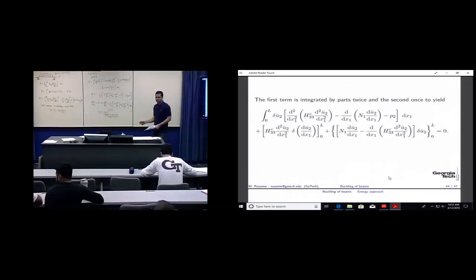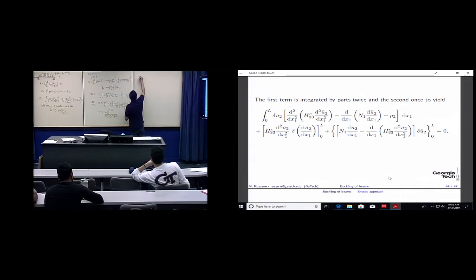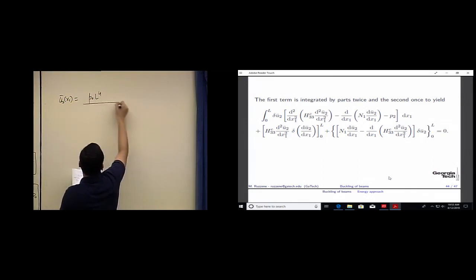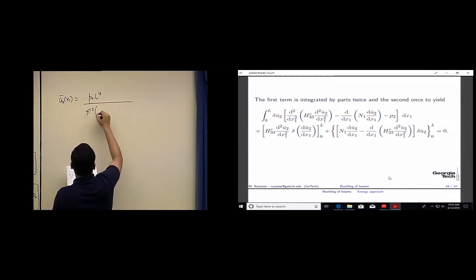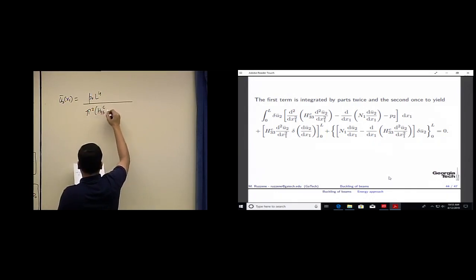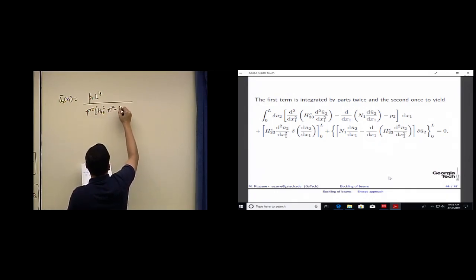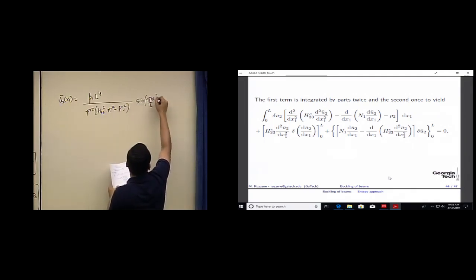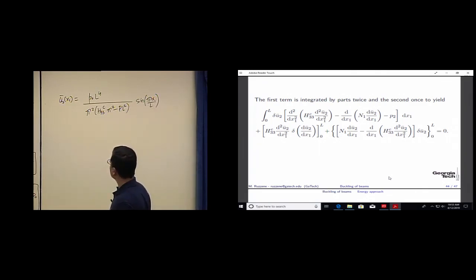So we have now got an expression for the displacement profile, right? U2 x1 was C times sine pi x over L, right? So U2 x1 is equal to P0 L raised to power 4 over pi squared times H33 C pi squared minus P L squared, times sine pi x over L. Okay, so what else do we want from this analysis?